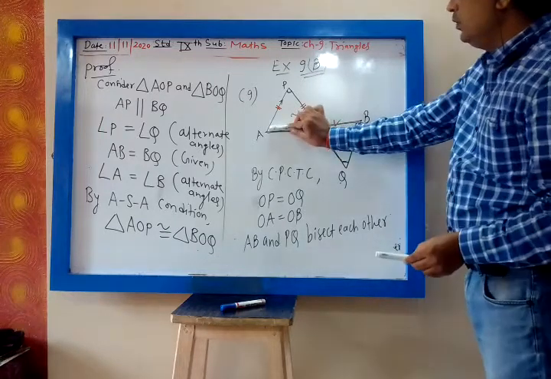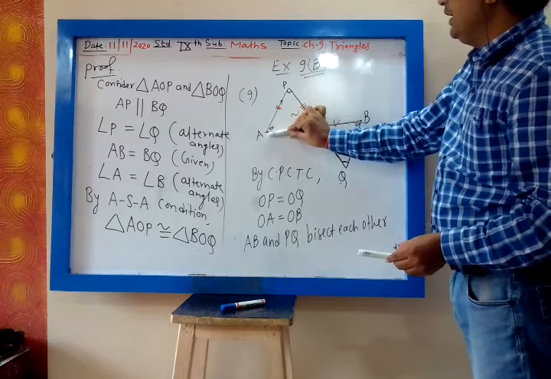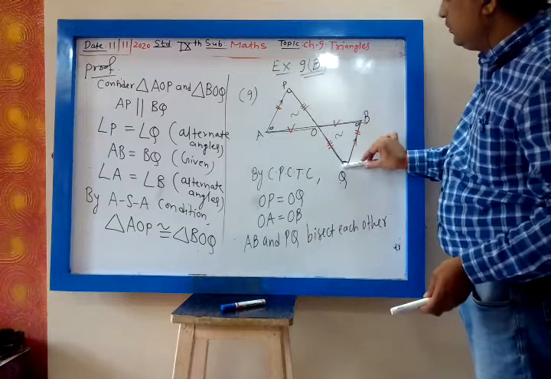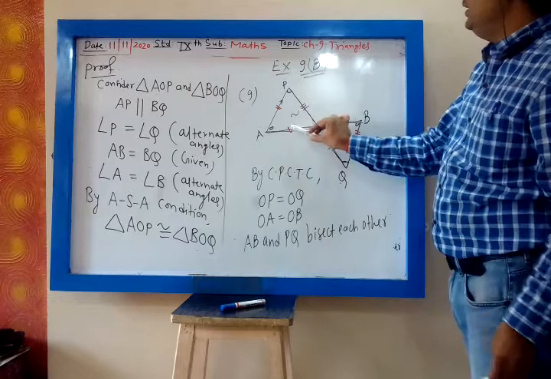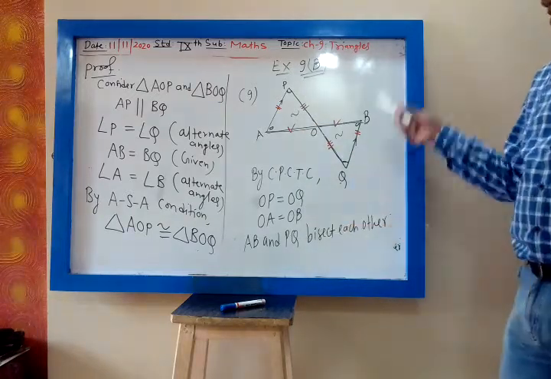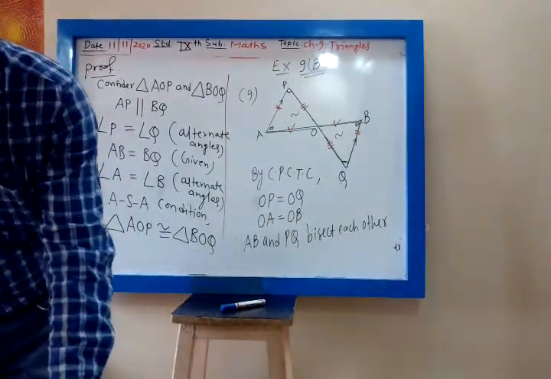Similarly, OA is same as OB. That means AB is divided into two equal parts. By which line? PQ. So PQ bisects AB. Similarly, AB bisects PQ. So AB and PQ bisect each other.